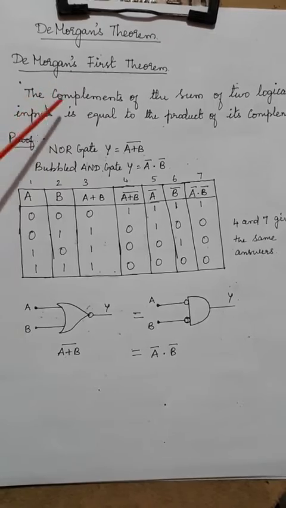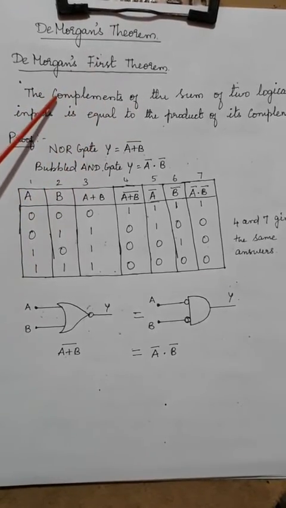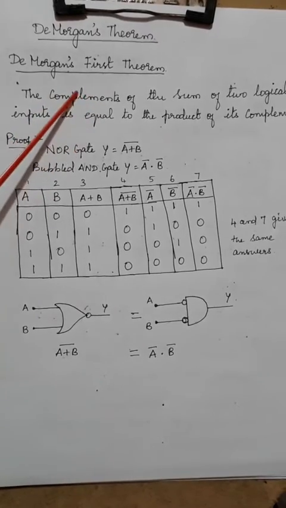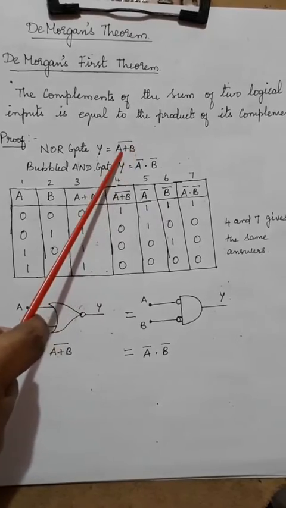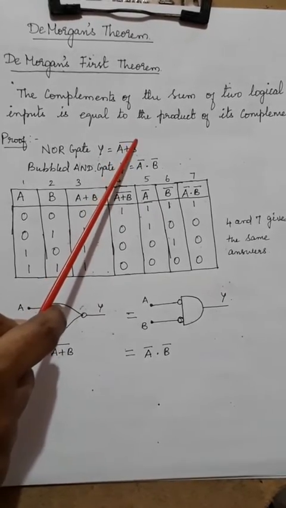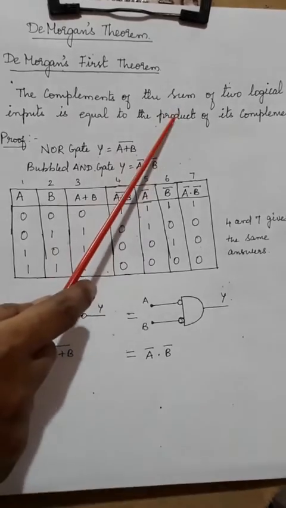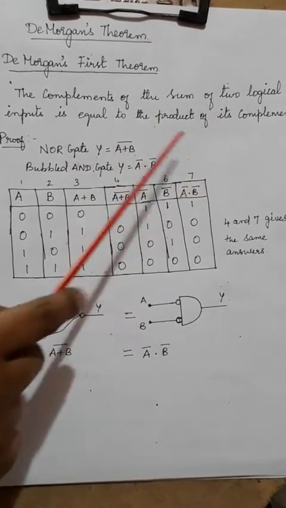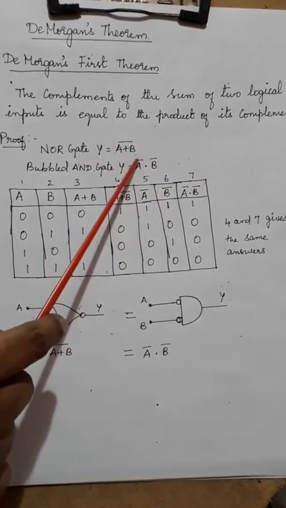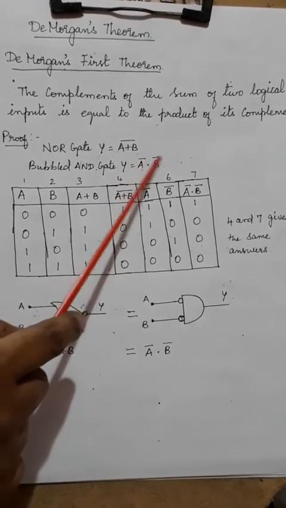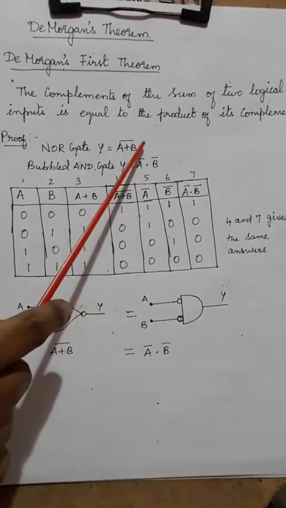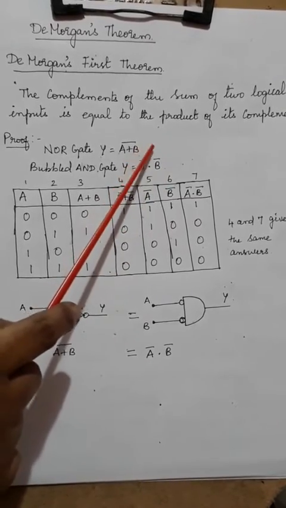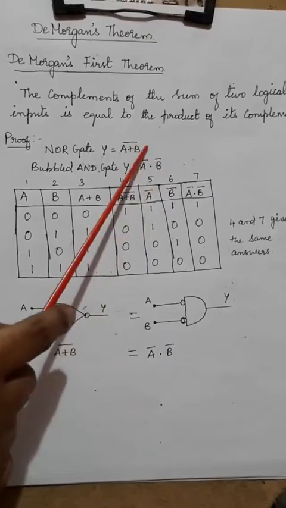Always in physics, certain statements are written as equations. So how do I write this equation? The complement of the sum: a plus b, the sum, and then its whole complement is equal to the product of the individual complements, a complement dot b complement. These both are equal; the outputs of these gates give the same answer.